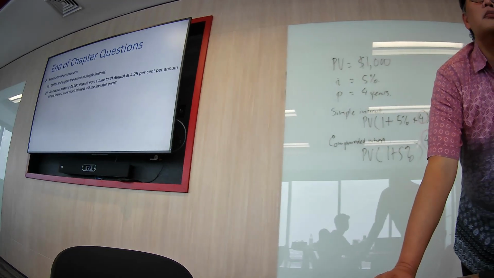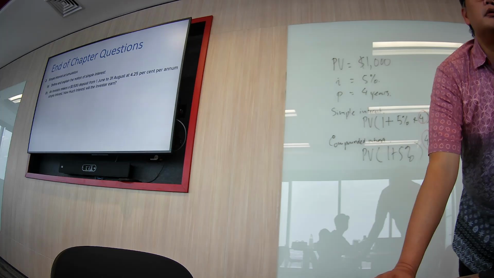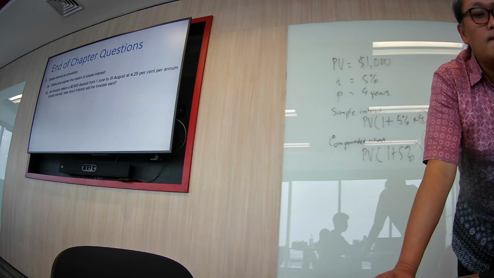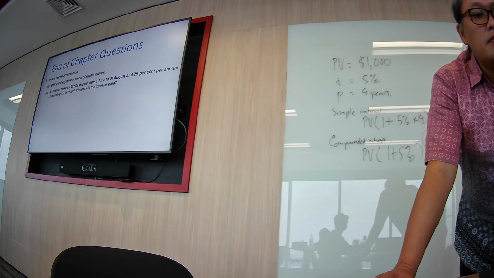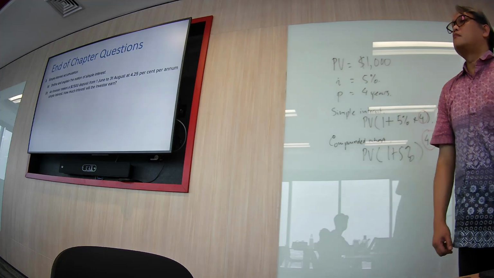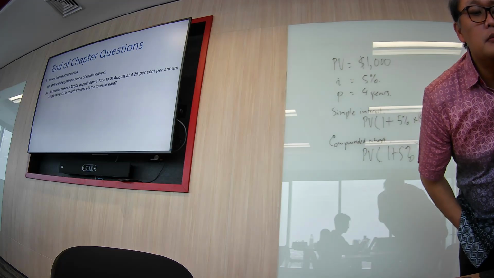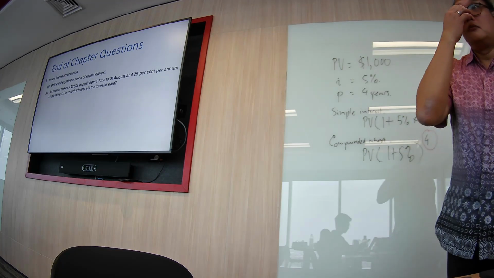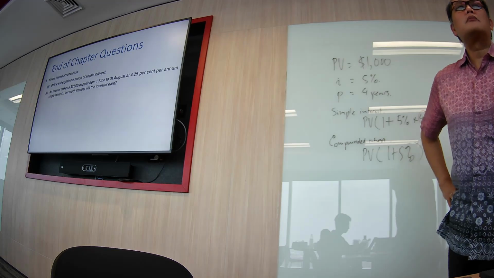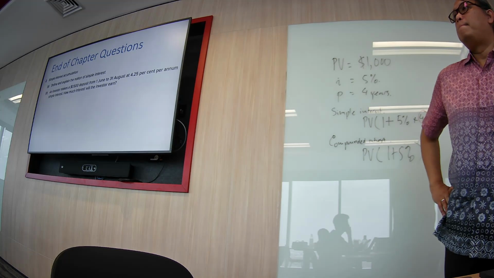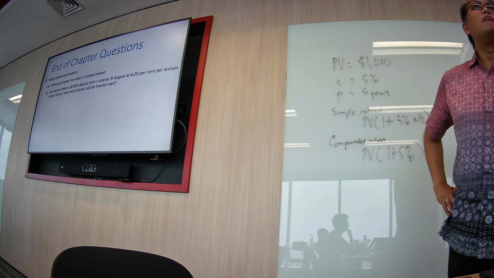We use the 360 or 365, Australian, 365. So how many days do you have from June to August? 92.